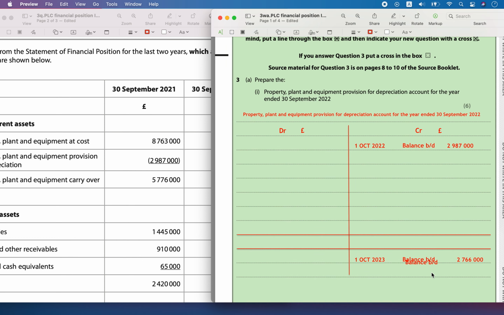This will also be the balance carried down.